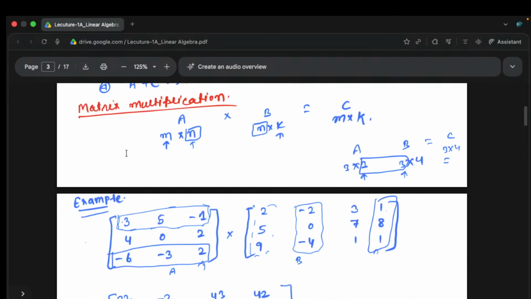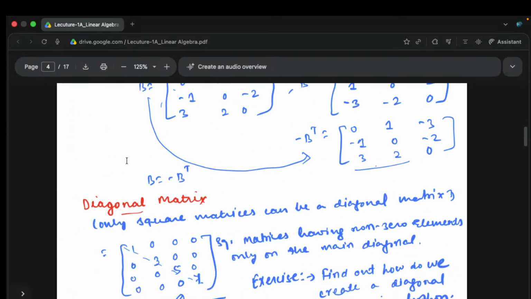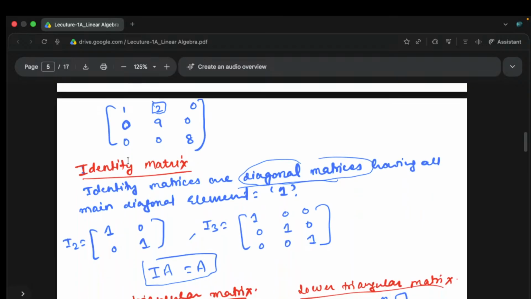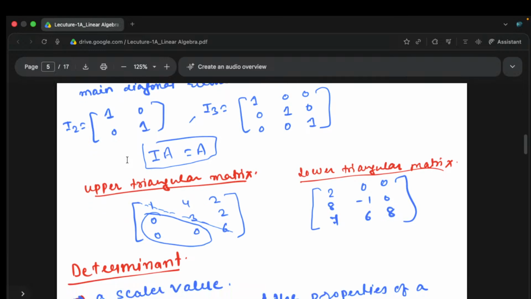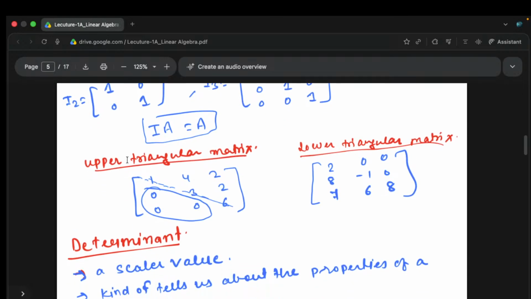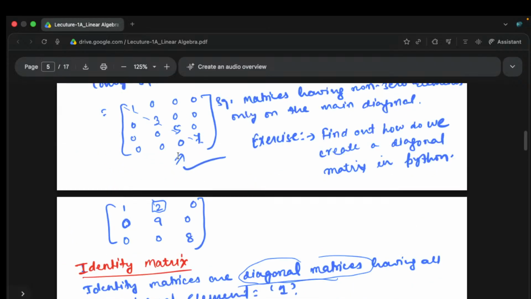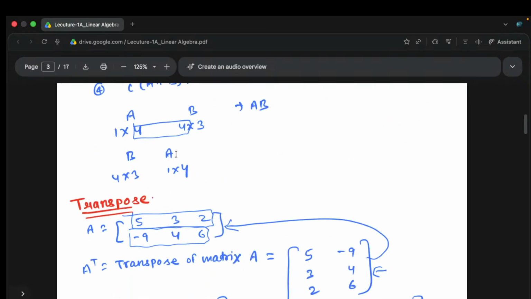Just have to finish this matrix multiplication and transpose. Yeah, and these things make sense. So we have 3-4 topics to study. That's it.